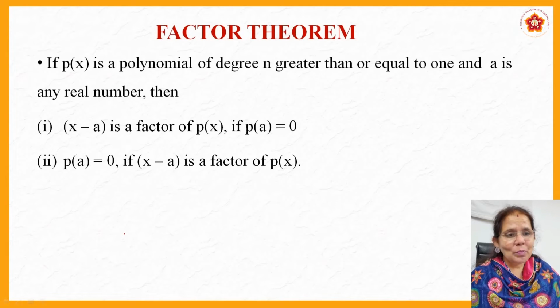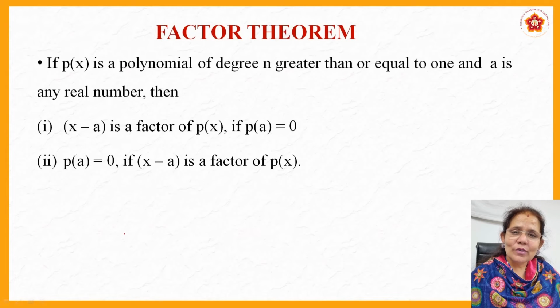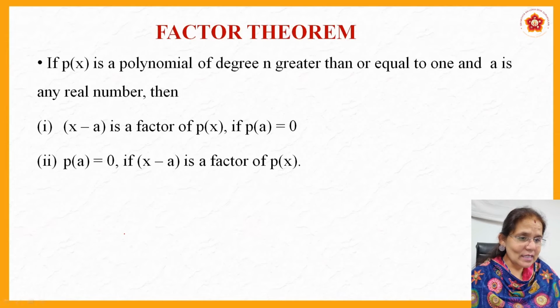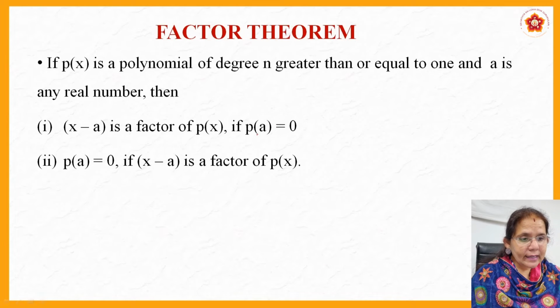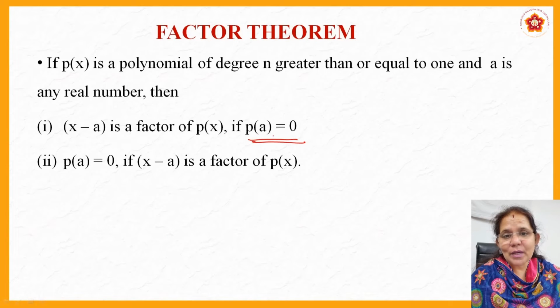So it is the same thing, only the difference between remainder theorem and factor theorem is that we have to see what the remainder is. If the remainder is coming 0, like here, when we put x is equal to a in the given polynomial, then we need to check the remainder.